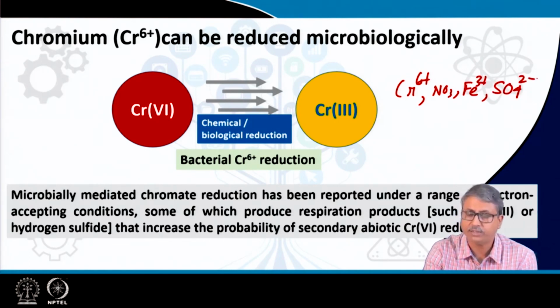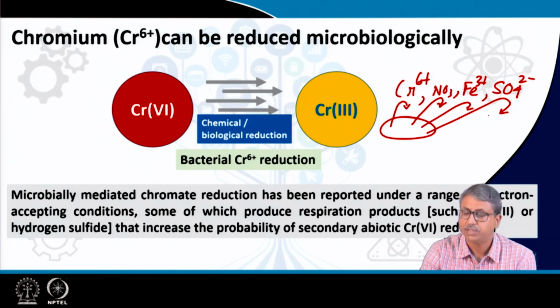So, when these microbes work on them, they may reduce chromium, they may reduce nitrate, they may reduce iron, or they may reduce sulphate. If they reduce iron, for example, they produce Fe2+, or if they reduce sulphate, they produce H2S.